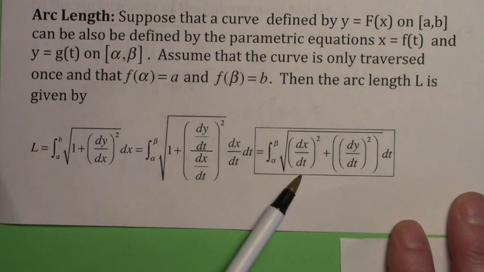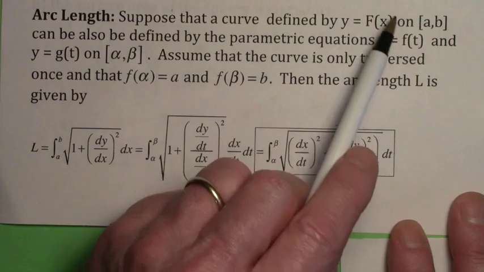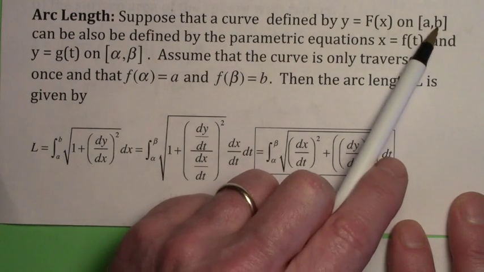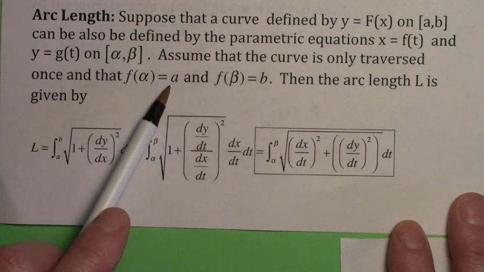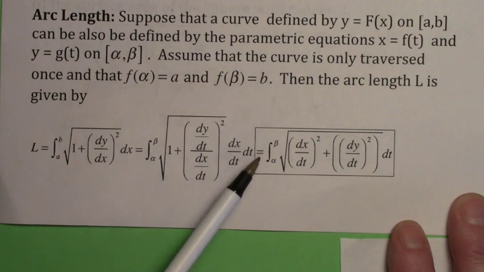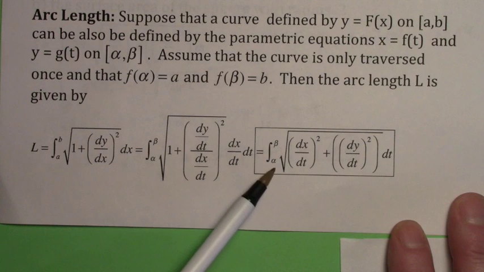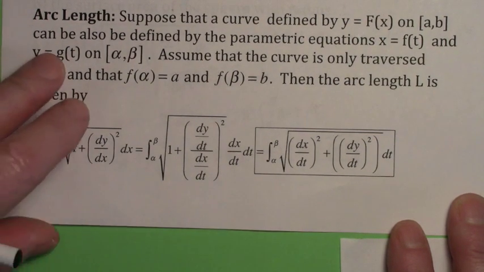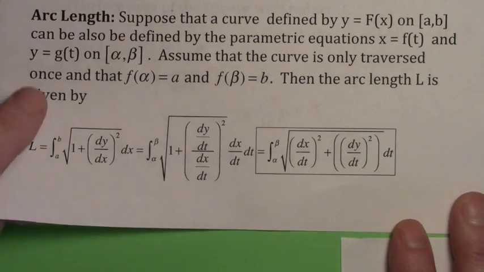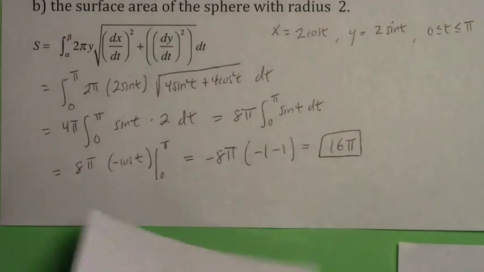But that's a nice little formula. If you're talking about the length from x equals a to x equals b, as long as the parametric equations give you f of alpha equals a and f of beta equals b, so that dx will be positive, then you can write it parametrically like this. Easy to remember, isn't it? Surface area works the same way.